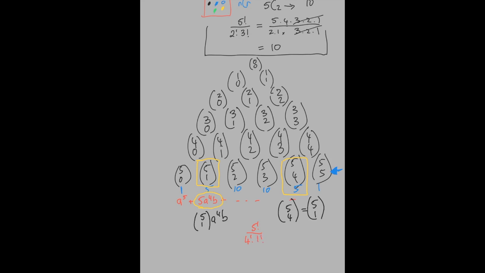And 5 choose 1 is 5 factorial over 1 factorial times 4 factorial. So they're the same. So in actual fact, I can use the coefficient. If I'm looking for the 4th power in the 5th row, then I simply say 5 choose 4. Okay, it's exactly the same.